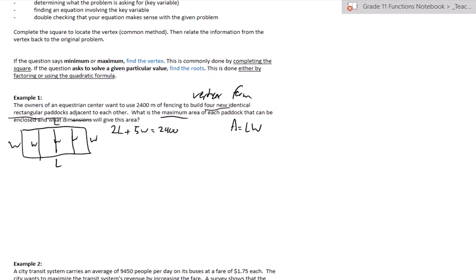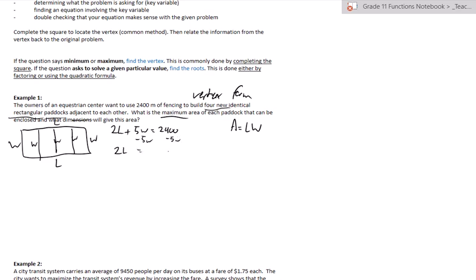We'll use this perimeter equation we've created to solve for one of the variables. Now, it doesn't matter if you find length or width. It literally doesn't matter. You'll find the answer both ways. In this particular case, I'm going to solve for length. So we're going to subtract our 5W from both sides.